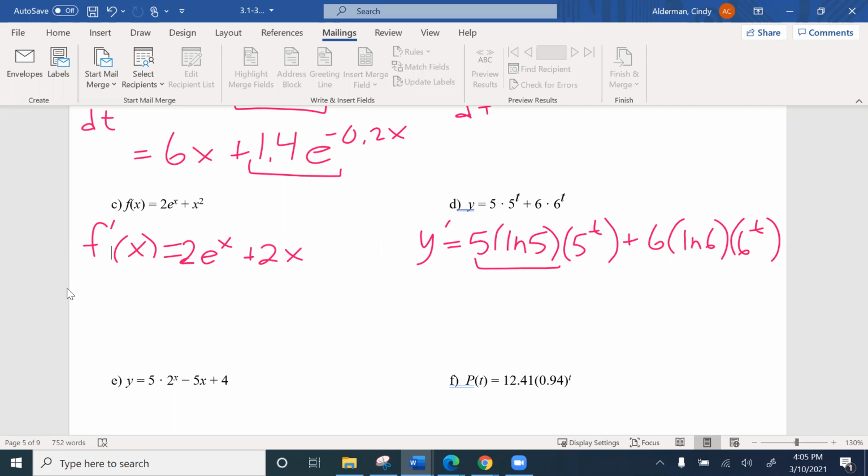Sometimes if you're going to find a value of that derivative, like y prime of 3, for example, you might want to shorten that up a little bit before you plug in your value, like find out what is 5 times the natural log of 5. But you don't have to, right? Because if you simplify that and then you plug in something for t, you're going to get the same thing. Does that make sense? I'm trying to save you a little bit of time. Okay.